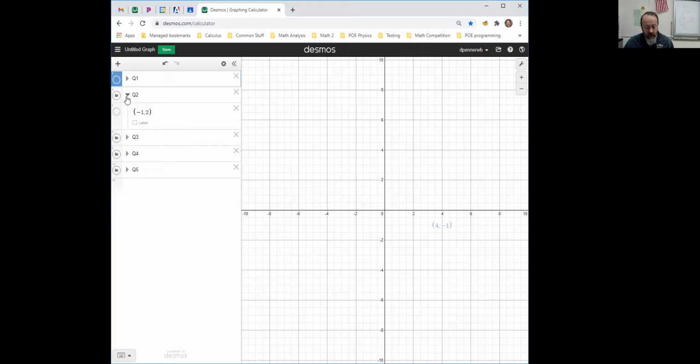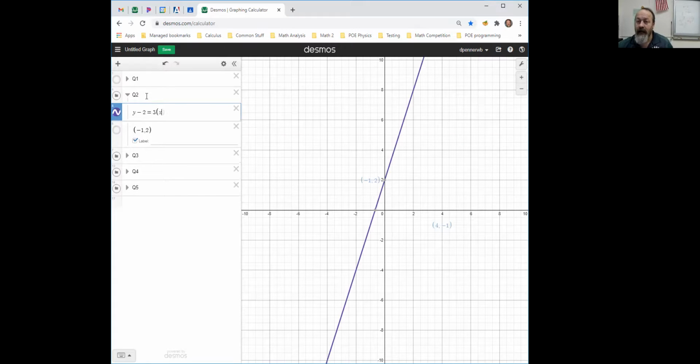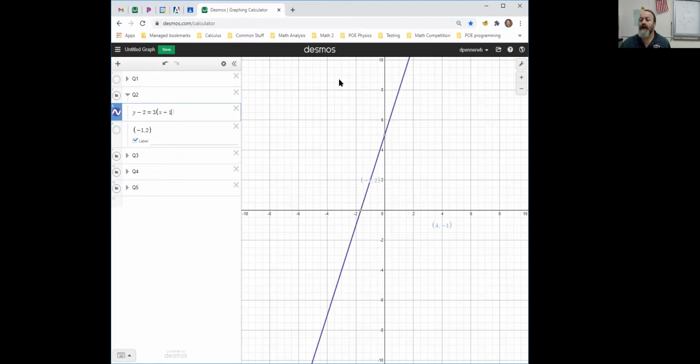In question 2, I had -1, 2, and I had a slope of 3. And so in point slope form, we had y minus 2 equals 3 times x minus -1, or x plus 1. So notice we have this thing right here. My coordinate -1, 2 is sitting right here.